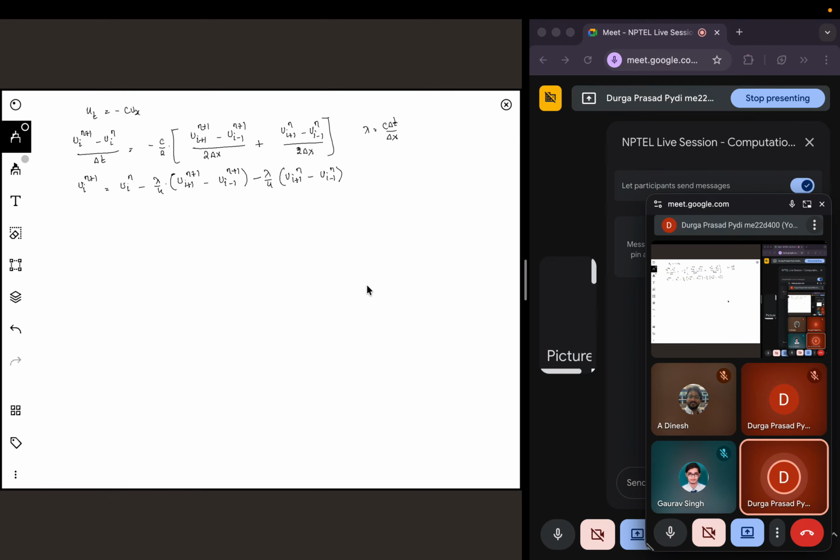If I separate this into known and unknown components, all the values at n plus 1 are unknowns and all the values at n are known.